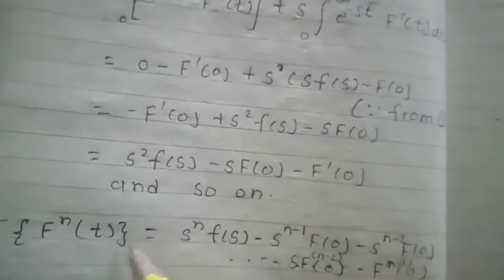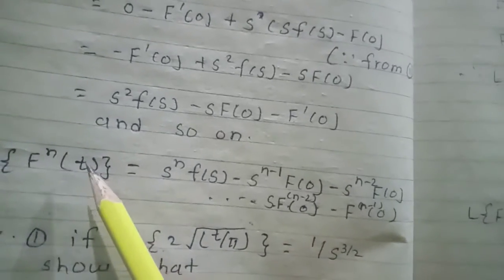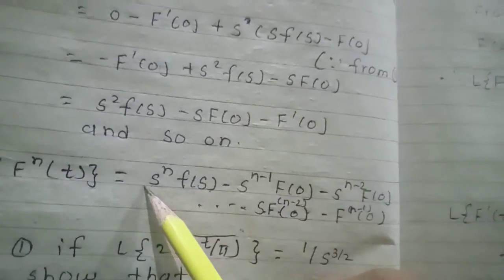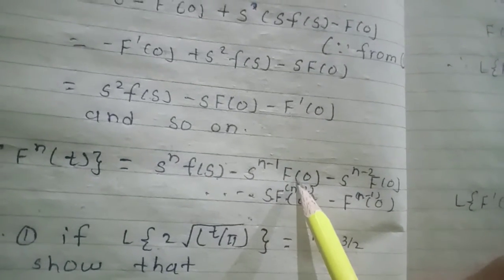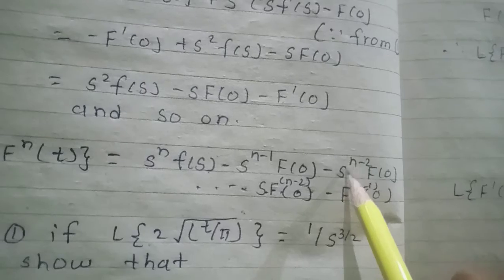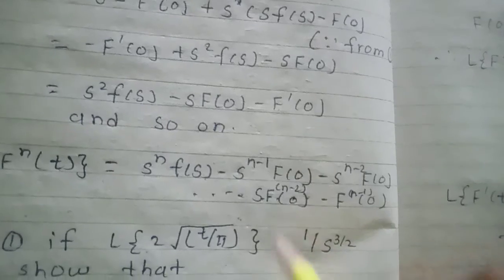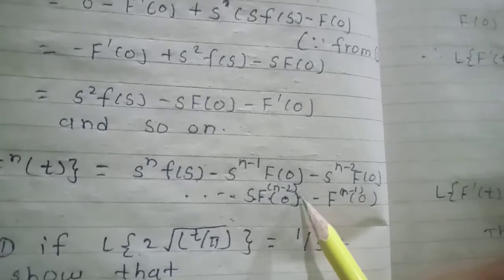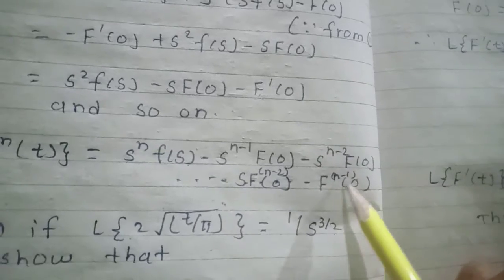So this is equal to minus f dash of 0 plus s square F of s minus s f of 0. Like this we write for the nth term: the Laplace transform of f raised to n of t is equal to s raised to n F of s minus s raised to n minus 1 f of 0, then minus s raised to n minus 2 f dash of 0, up to minus f raised to n minus 1 of 0.